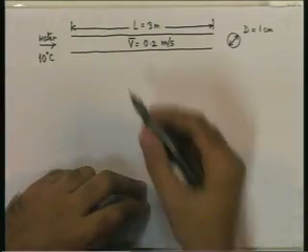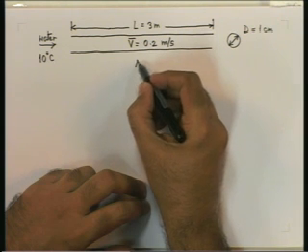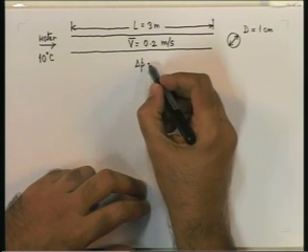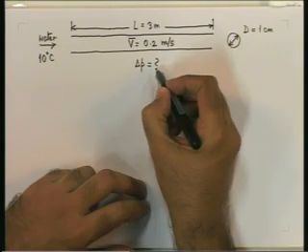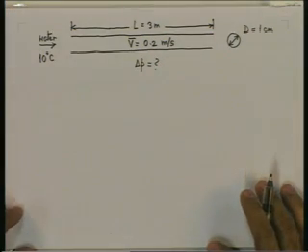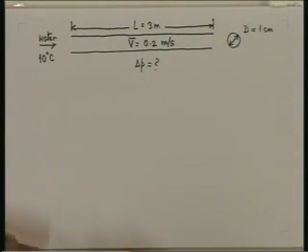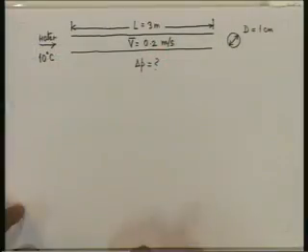We have to determine the pressure drop over this length. We will assume fully developed flow. The process will be, we will determine properties at 10 degrees C, then we will determine the Reynolds number.